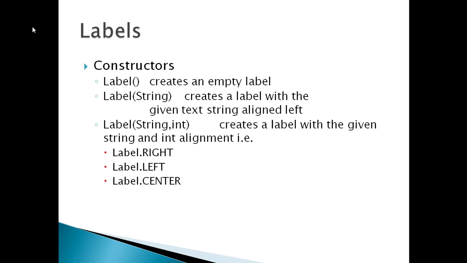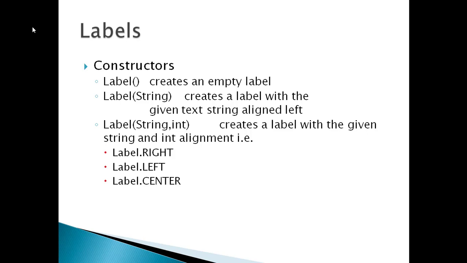The Label class has constructors. First is the default Label constructor, which creates an empty label which does not have any string. Next constructor is Label(String), which creates a label with the given text string, left justified.